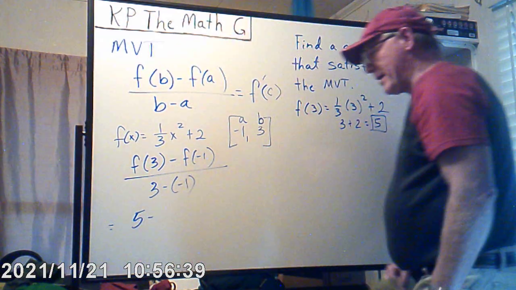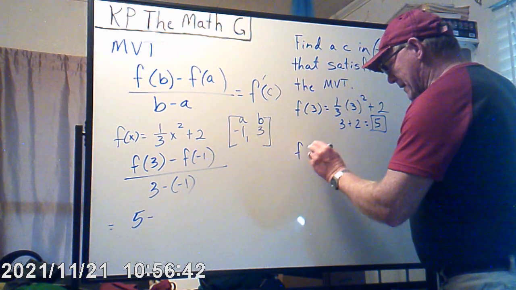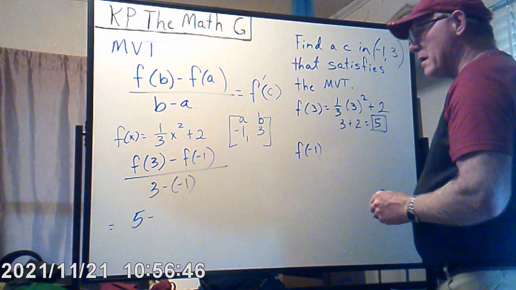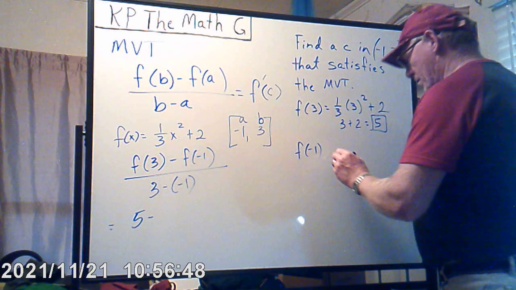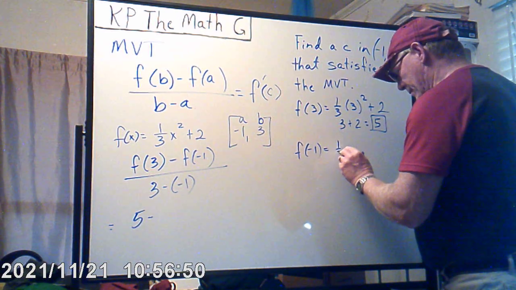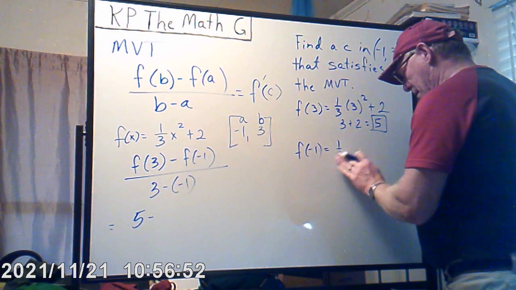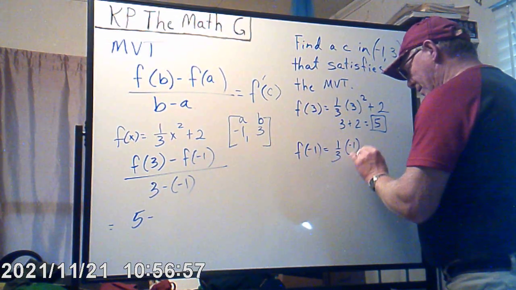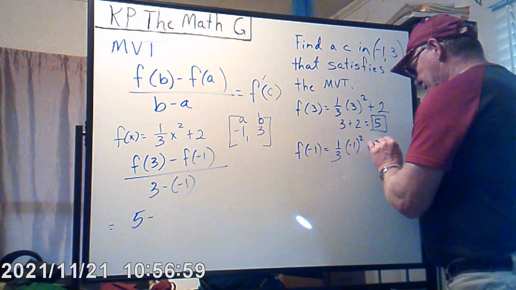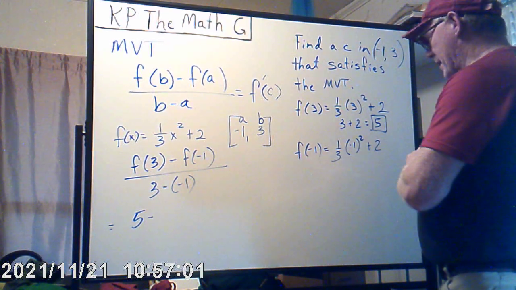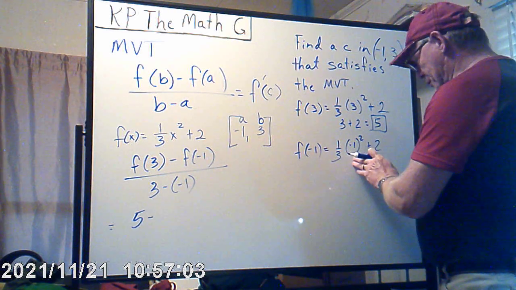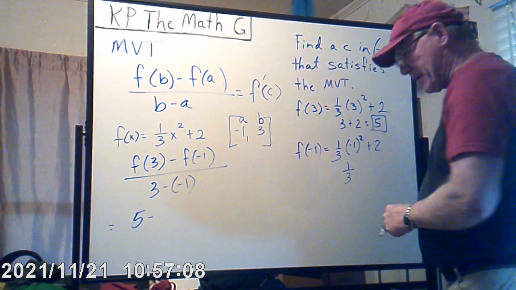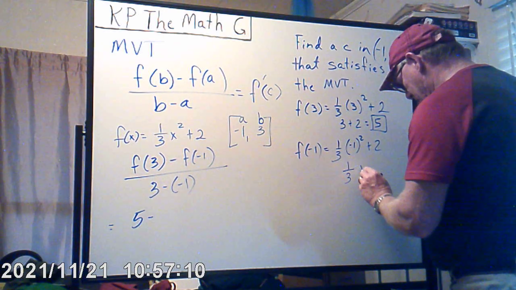So we have 5 minus, now F at -1. F at -1 is going to be 1/3 times -1 squared plus 2. Okay, that's it. -1 squared is 1, and 1/3 times 1 is 1/3, plus 2.